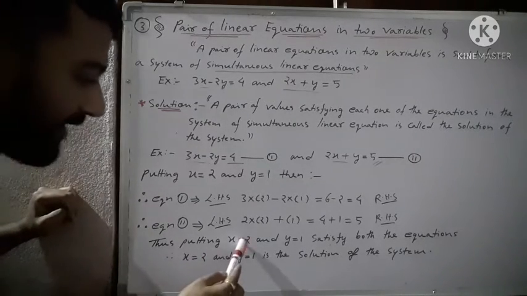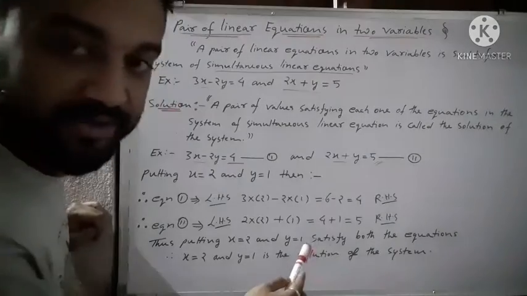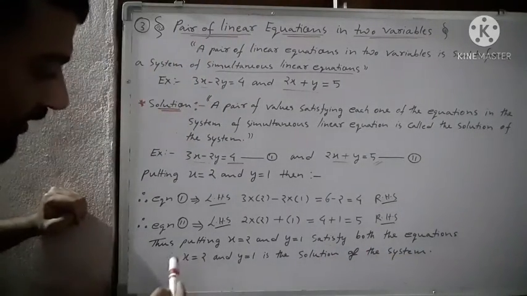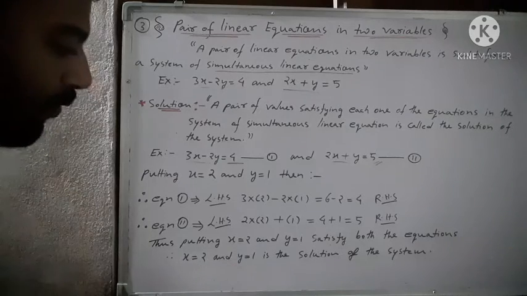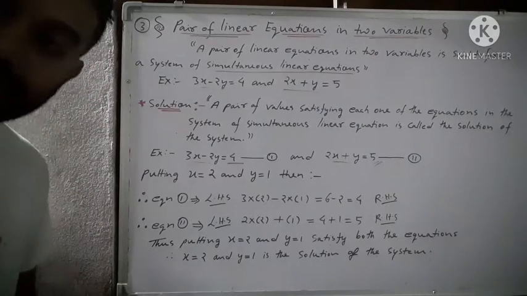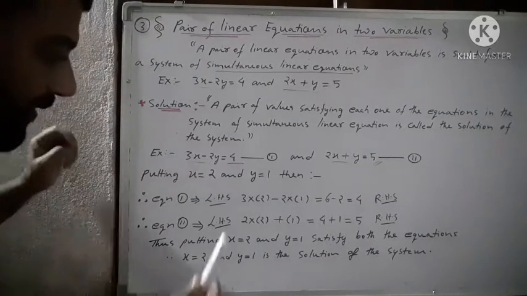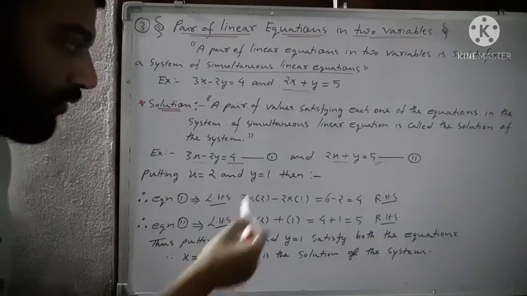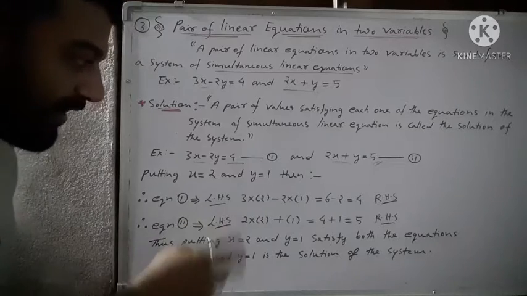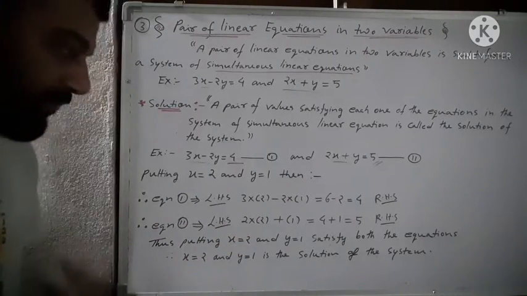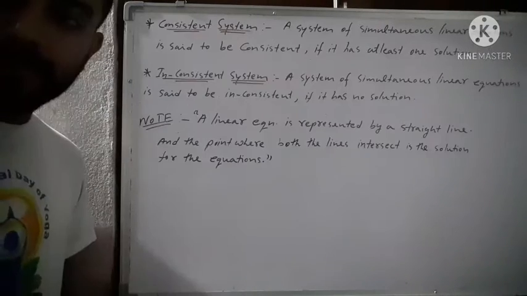Thus putting x is equal to 2 and y is equal to 1 satisfies both the equations. So x is equal to 2 and y is equal to 1 is the solution of the system, since both the equations are satisfied.